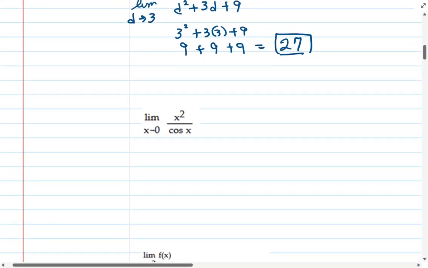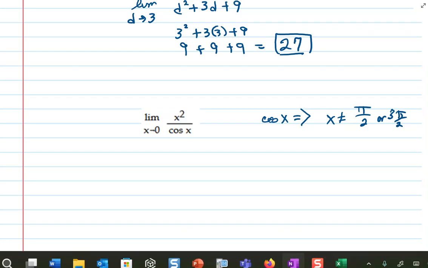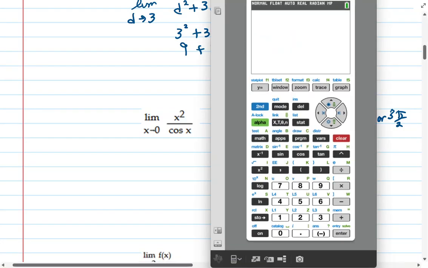In this case here, we have 0 in the denominator, because on the cosine of x, we know x cannot equal pi halves or 3 pi halves, because that would be 0 for cosine. So we're going to use a table. And in this table, we would start by entering our y equals x squared divided by cosine of x.